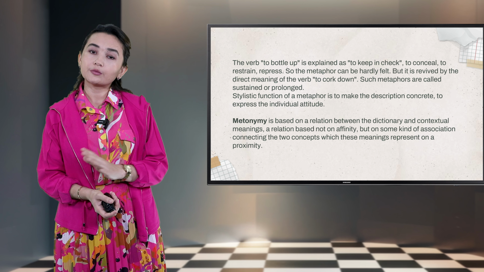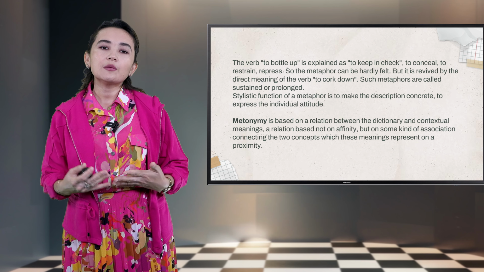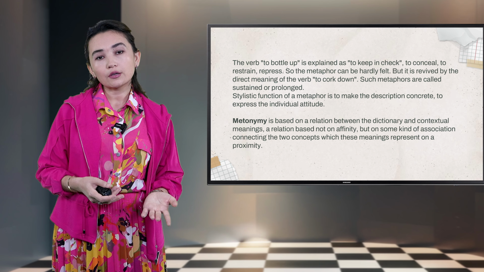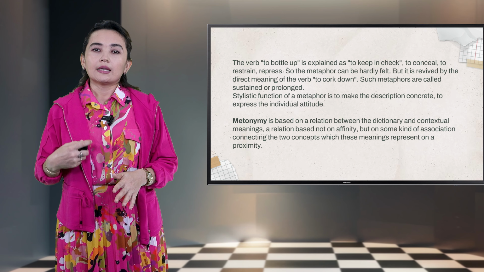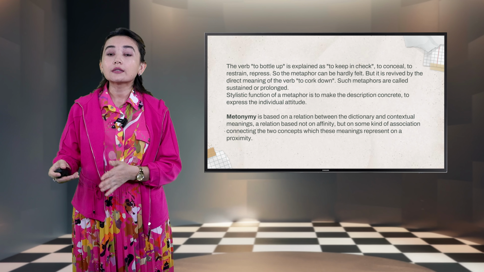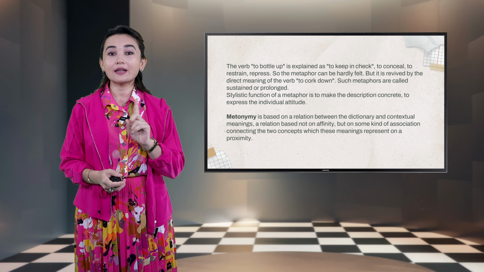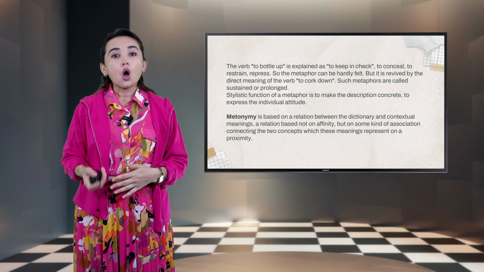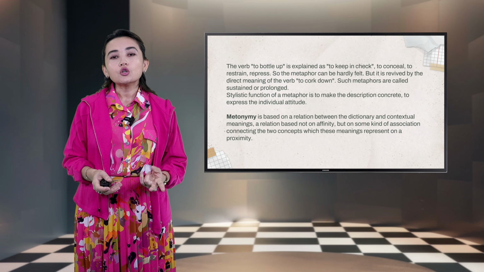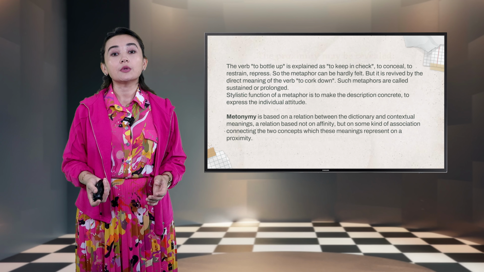And about metonymy, I can say that as it's very similar, the definition of metonymy in Uzbek and in English language. Metonymy is based on a relation between the dictionary and contextual meanings, a relation based not on affinity, but on some kind of association connecting the two concepts which these meanings represent, on a proximity.